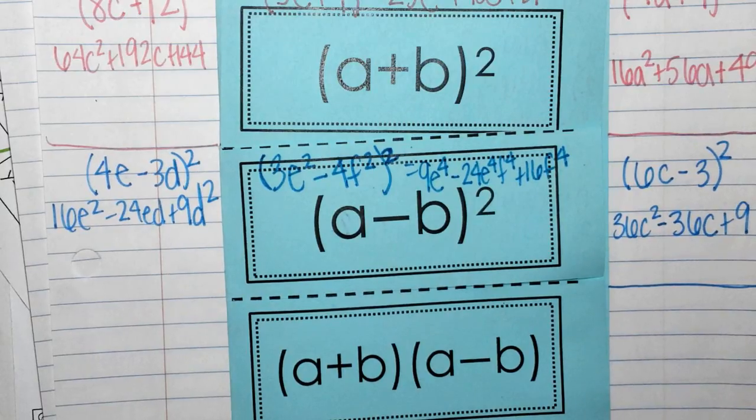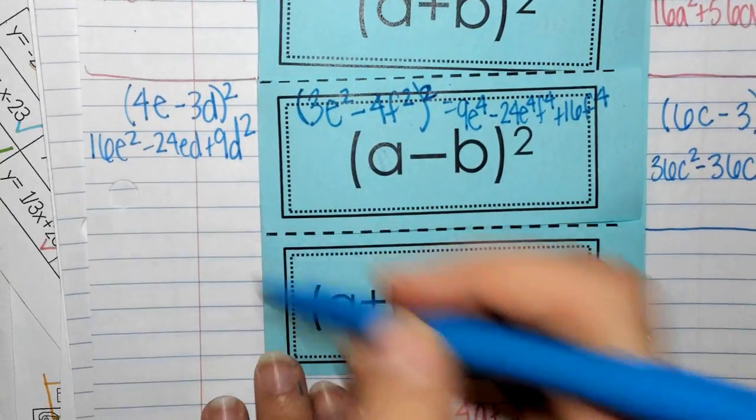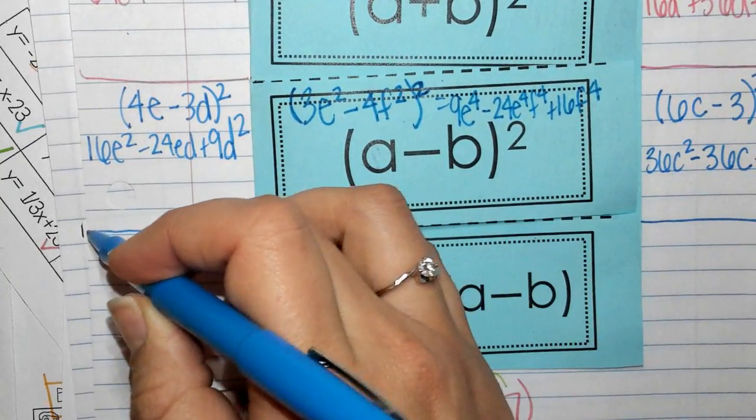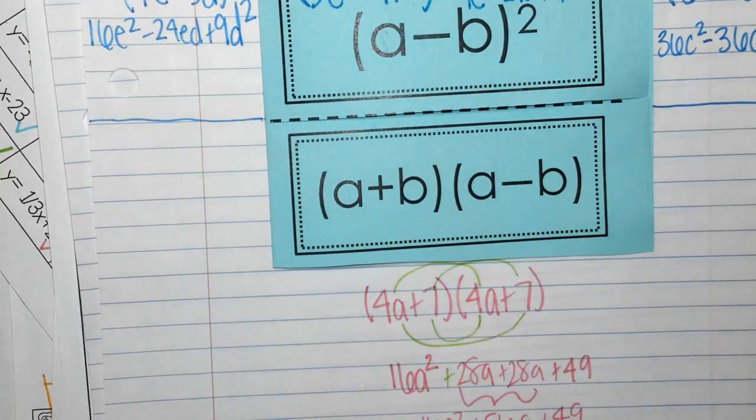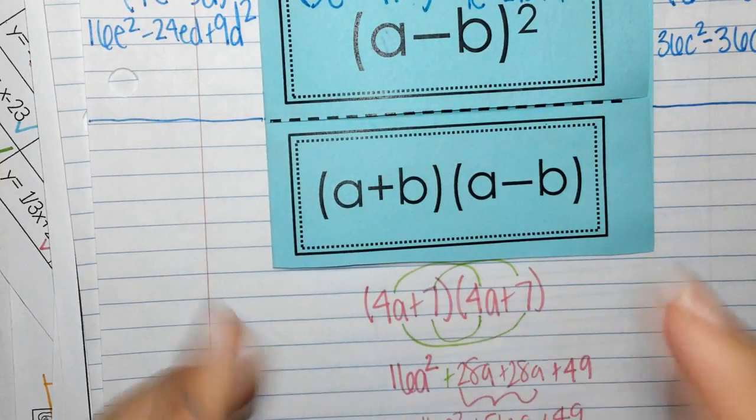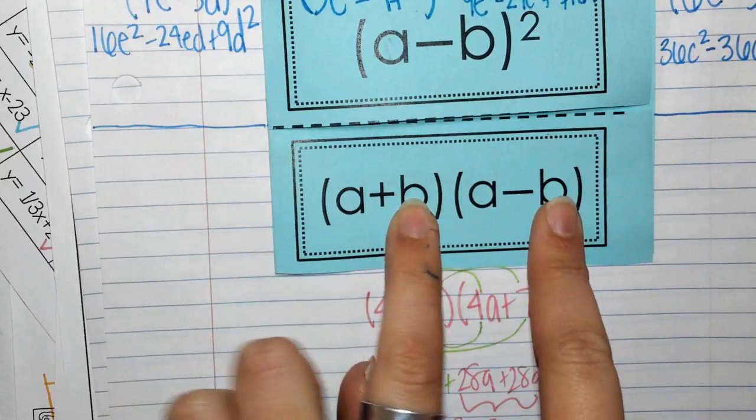Are we ready for the last one? Yes. Okay. Now, for this last one, you will not use the FOIL method. You have the same numbers here, the same numbers here.